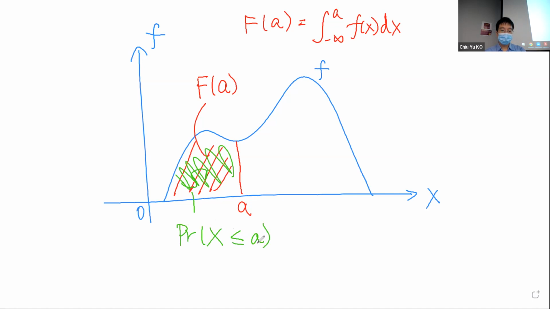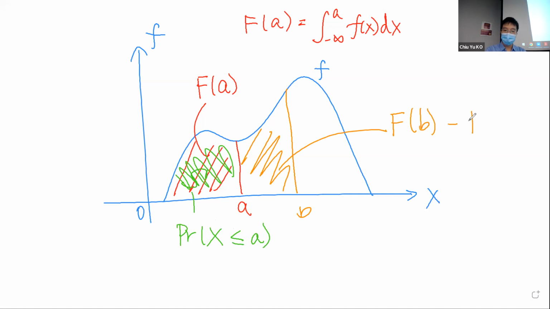And of course, if you are asking the other question, what's the probability between, say, A and B, it will be just F(B) minus F(A). The reason is the same as what you learned in kindergarten. F(B) is this area, the black area.